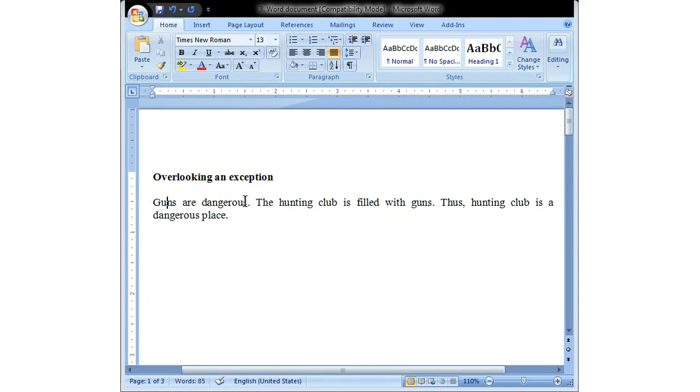Actually, you know what? Canadian Tire has guns, which it does. They sell hunting rifles. So Canadian Tire, not is filled with guns, but has guns. Thus, Canadian Tire is a dangerous place, and that argument now makes a lot more sense.